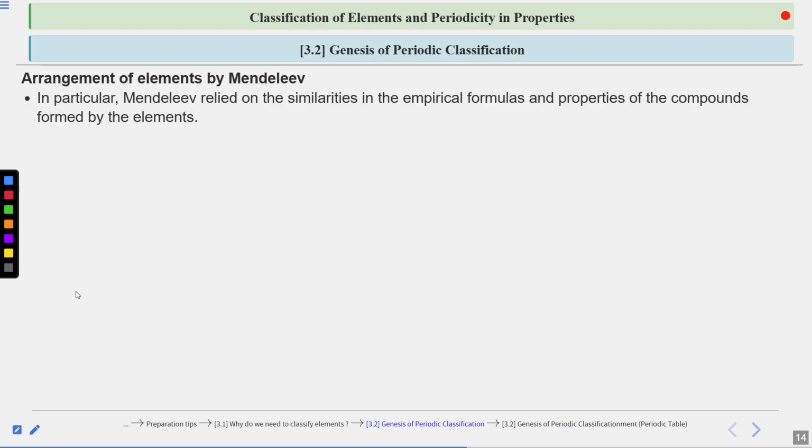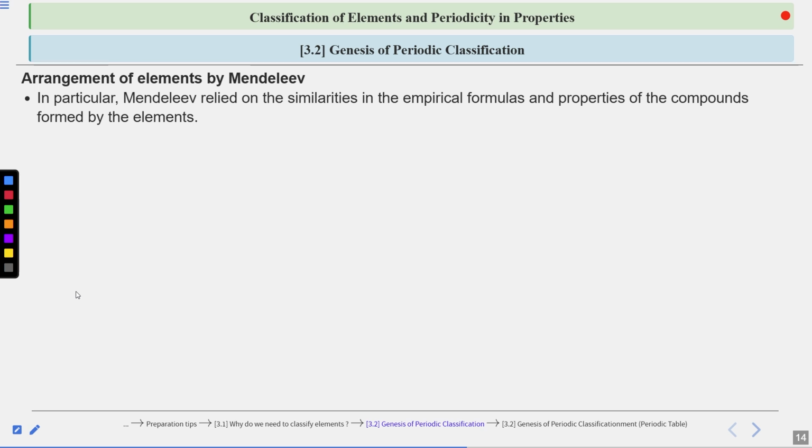As I said, the second thing which he took care of, what was the basis of that? I said that he emphasized the chemical properties. So the basis of that was the empirical formula and the chemical properties. First of all, the most important point is the empirical formula. He made the element react with different elements and saw that different elements were forming different oxides.